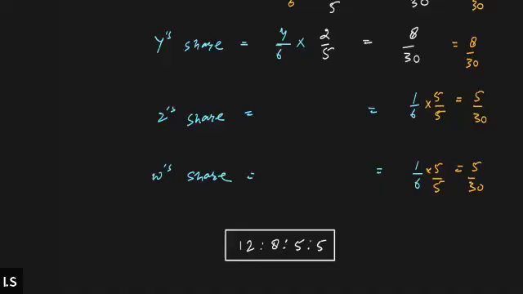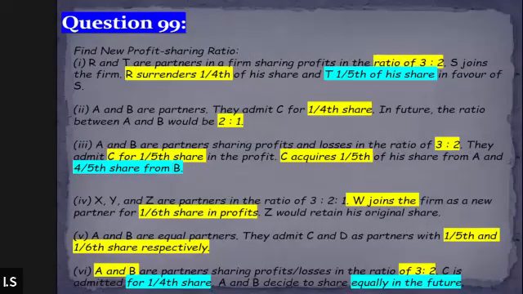One more question, one last question we will be doing. Fifth, please solve this. A and B are equal partners. They are admitting C and D as partners with 1/5 and 1/6 shares respectively.